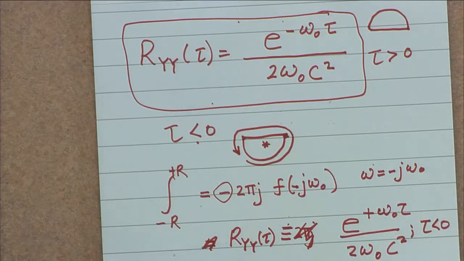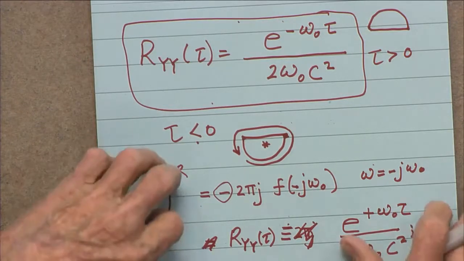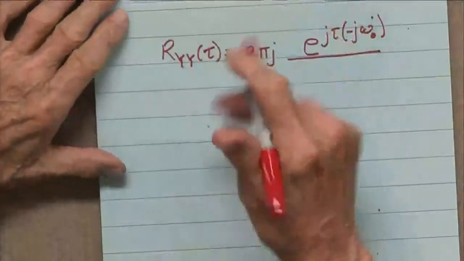By the way, there's an old book by Papoulis called The Fourier Integral and Its Applications.